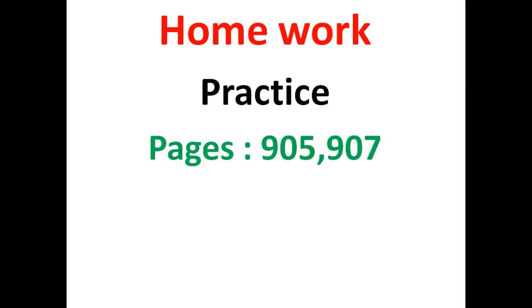Now my dear students, we have some homework. On page number 905, you have to solve questions number 6 to 9. Draw each polygon. Number 6, triangle, not regular. You will draw a triangle in which all sides are not equal, so it will become a not regular triangle.